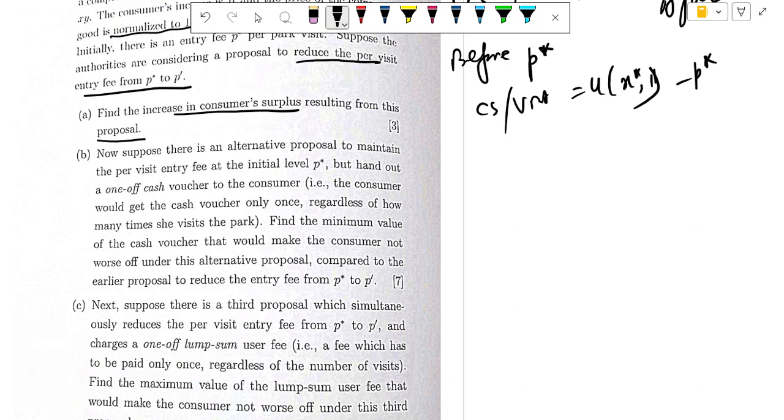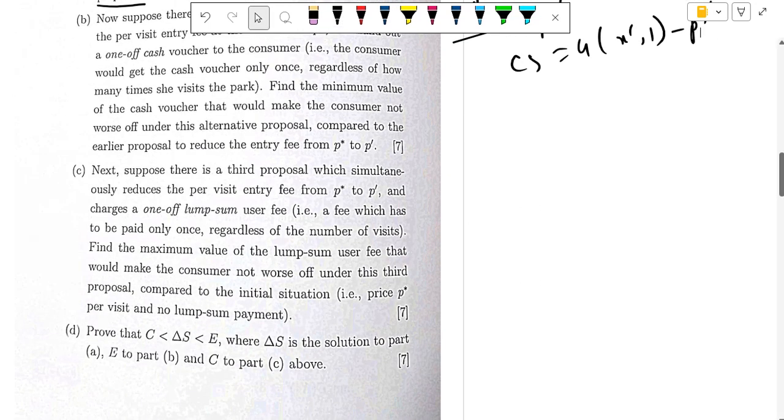After the fee reduction, the price per visit is P dash and the consumer surplus is U. So the increased consumer surplus per visit is delta CS.